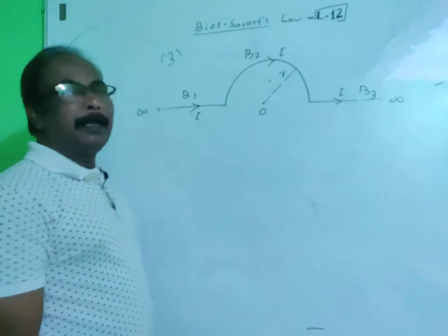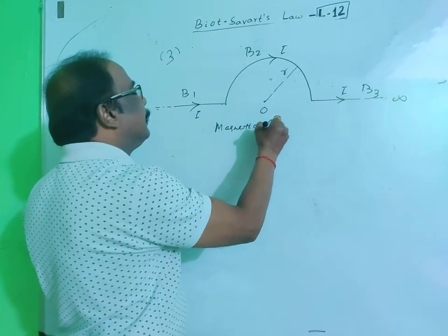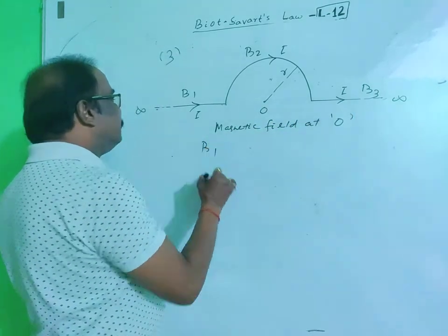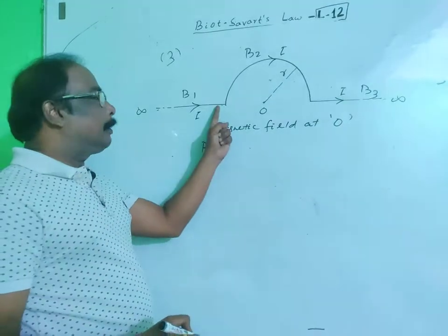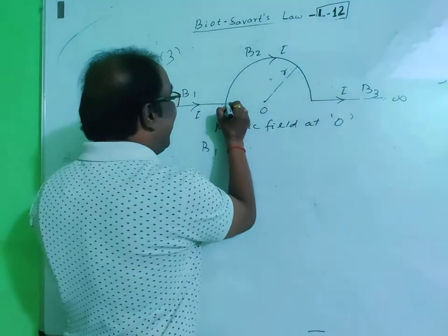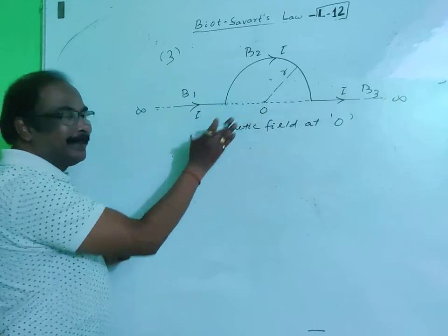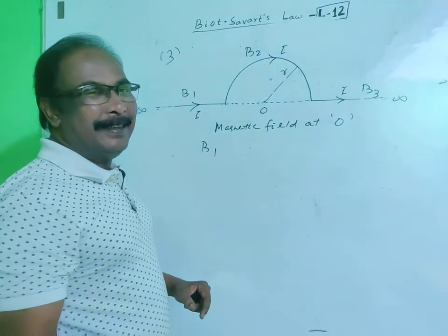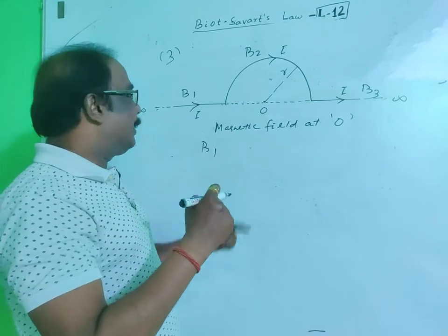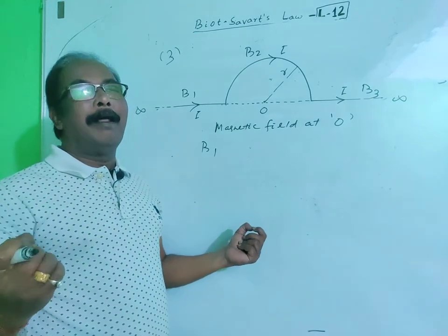We have to find the magnetic field at O. B1 is due to this straight conductor of infinite length in one direction, but point O lies along the direction of flow of current. So as we have discussed, if the point of observation lies along the direction of flow of current, then the magnetic field is 0.